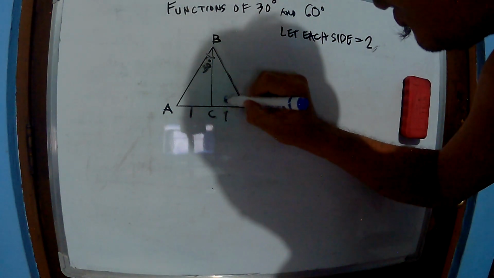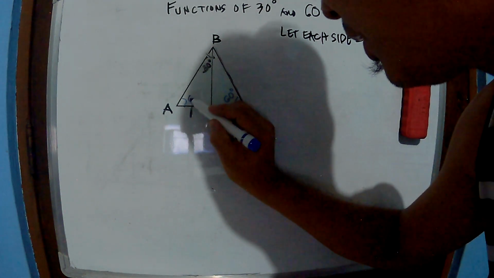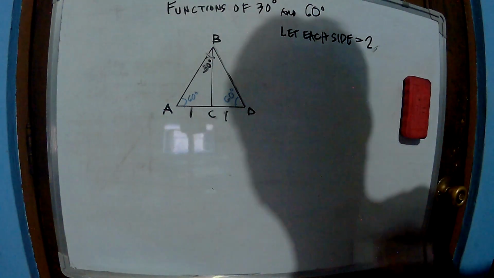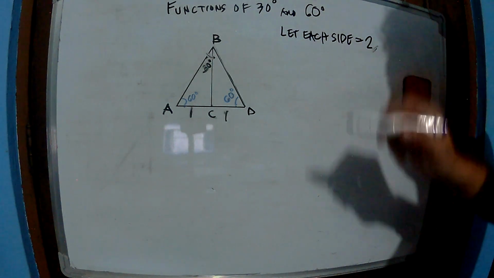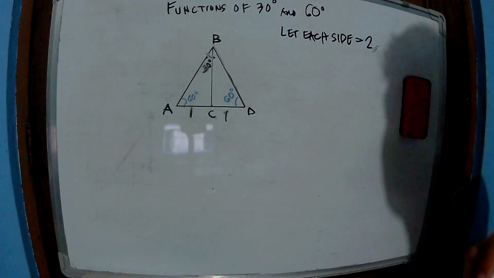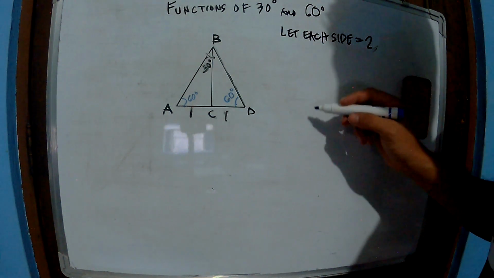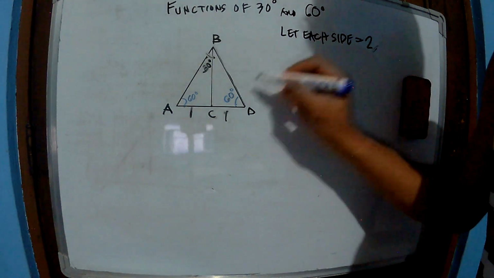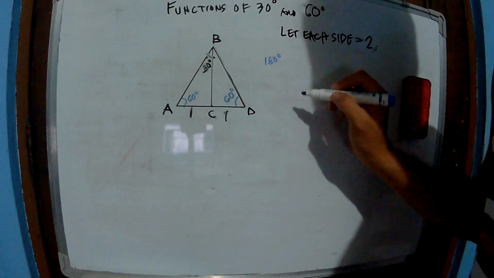This angle is equivalent to 60 degrees. This is 60 degrees because in a triangle, the sum of the angles of the triangle is equivalent to 180 degrees.